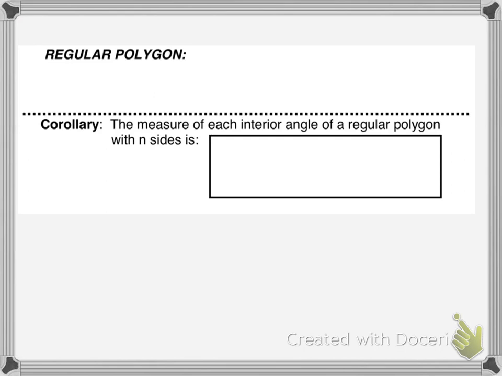Now there is a more specific type of polygon called a regular polygon. What that means is that it's a polygon that is equiangular. And if you remember, equiangular means that all its angles are equal.